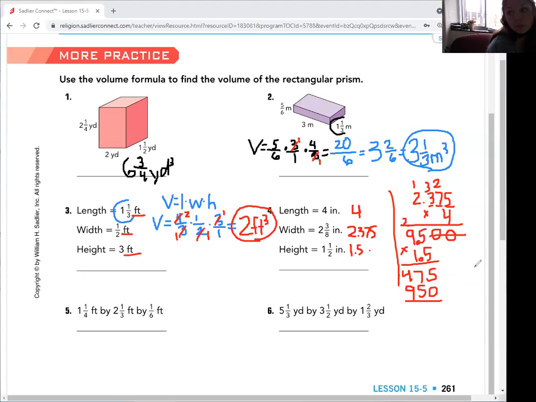Are you writing this in your book? I want to see evidence of you participating in class, please, here. Combine them. 2 decimal places, 14.25 inches cubed.